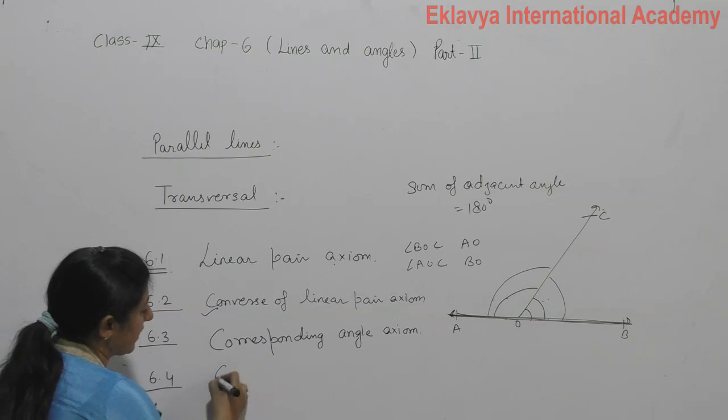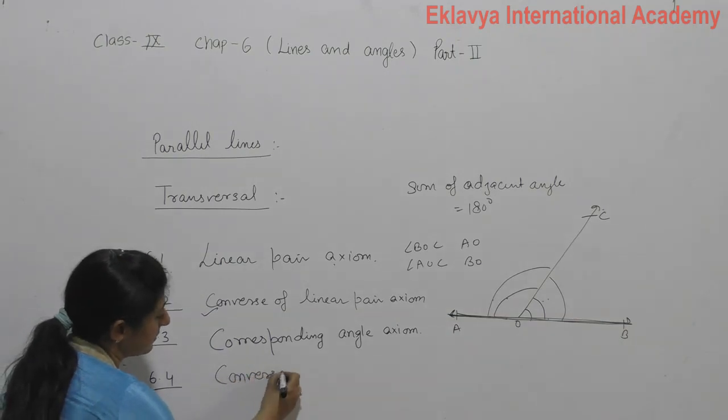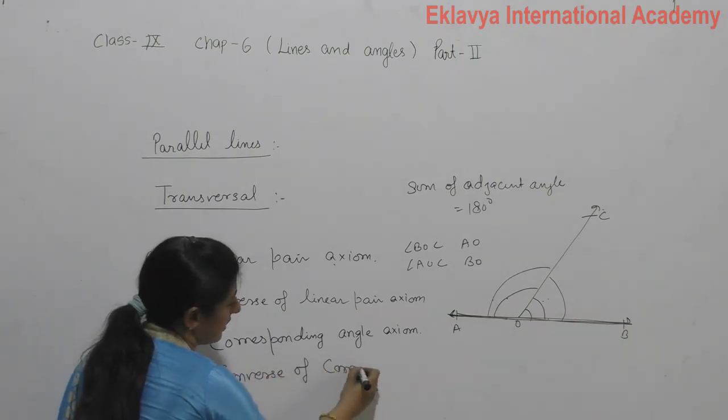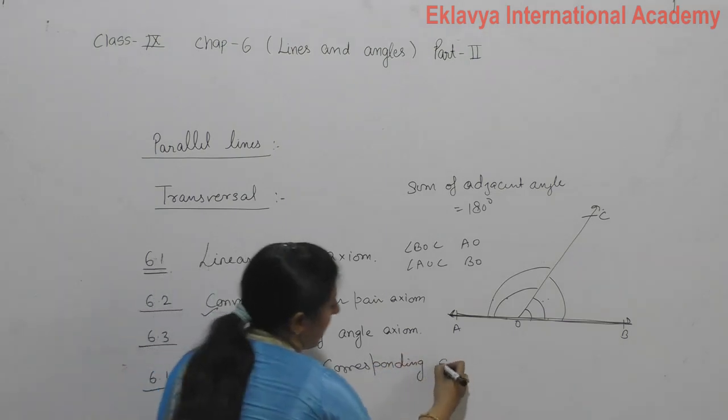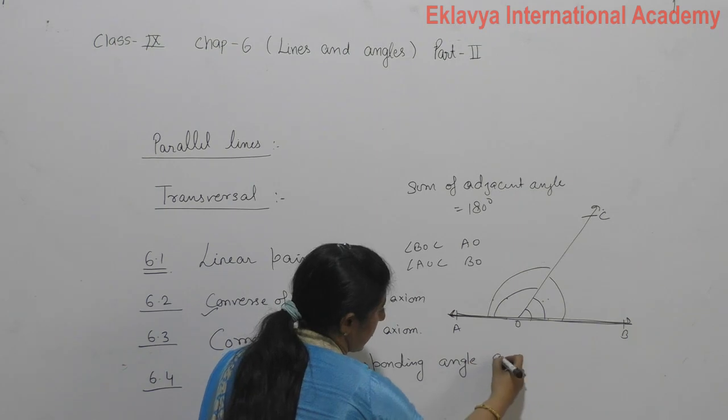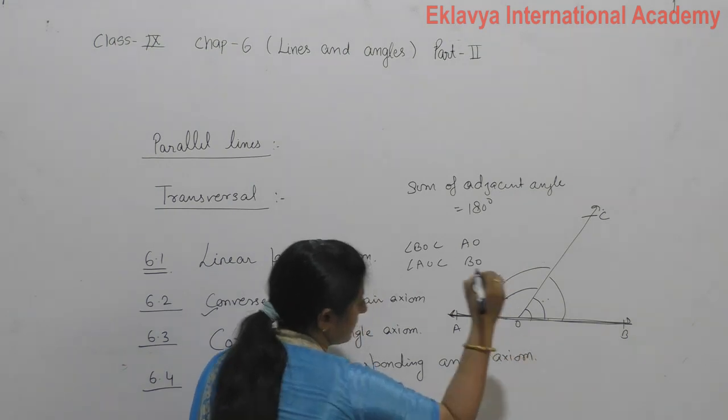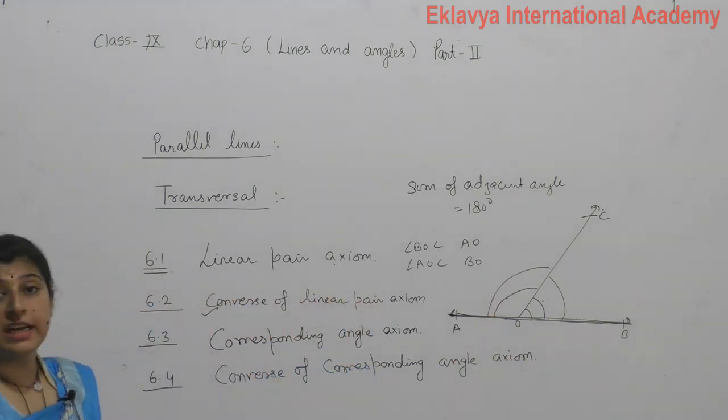Fourth axiom: converse of the corresponding angle axiom. What is the converse of it?